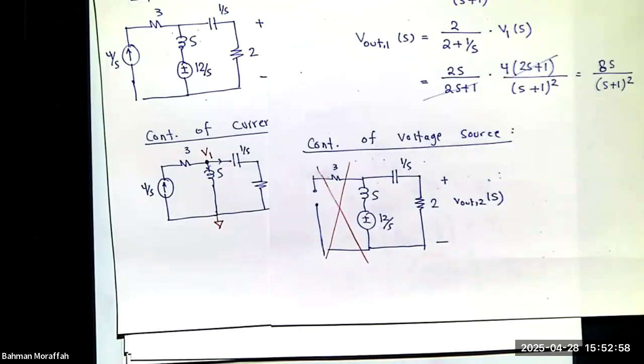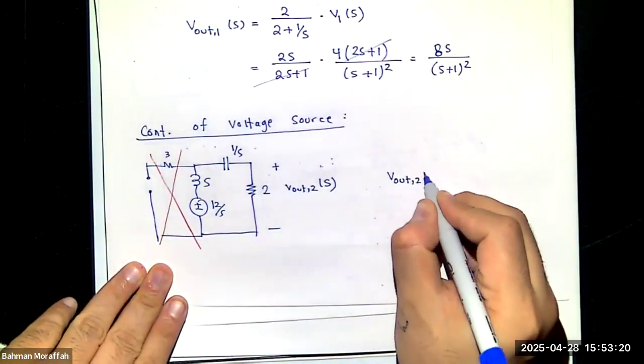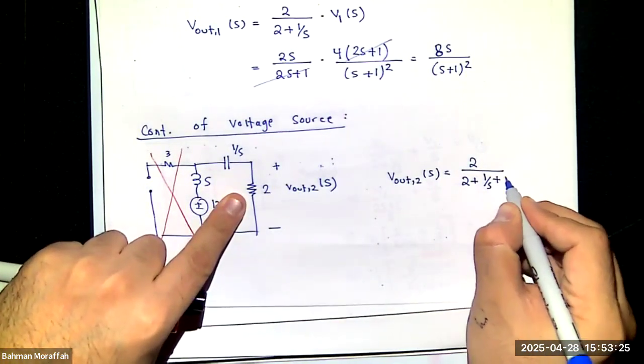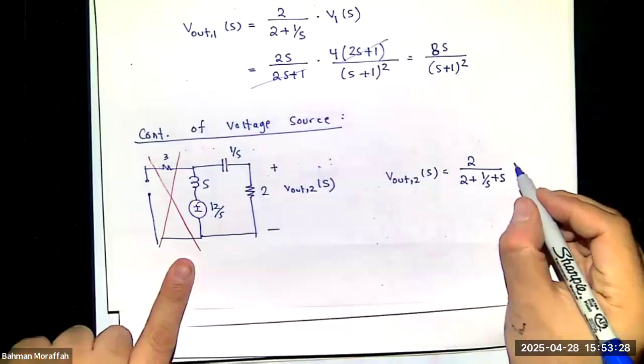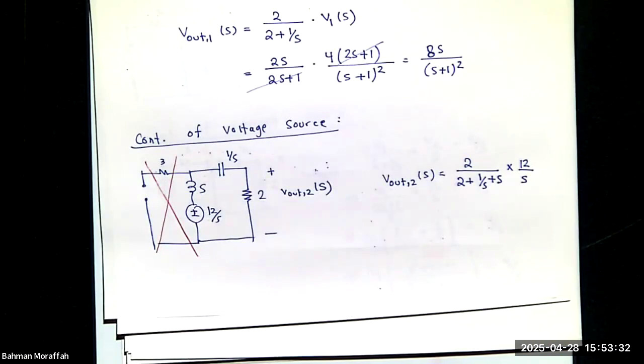How do I find this V out 2? We know it. What is this circuit? It's another voltage divider. Therefore, V out 2 of S is 2 divided by 2 plus 1 over S plus S, times 12 over S. Right?